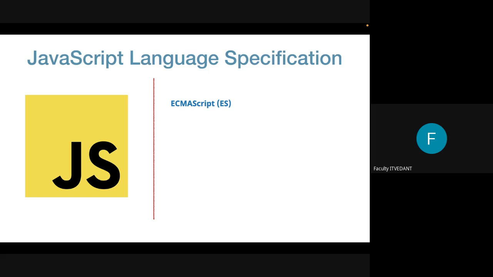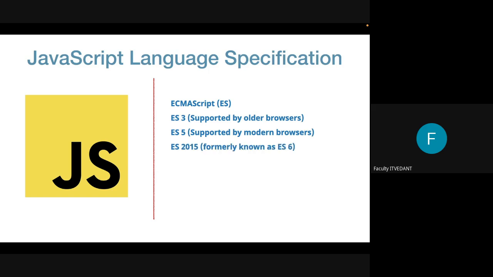Now, ECMAScript has a long history. When JavaScript was invented around 1991, from that time onwards ECMAScript was introduced. Later on, ES3 was introduced around 2008 or 2007, so all the older browsers support ES3. Later on ES5 was introduced, which is supported by all modern browsers. Currently all the browsers support ES6, and all the features up to ES6 are supported by all the browsers.